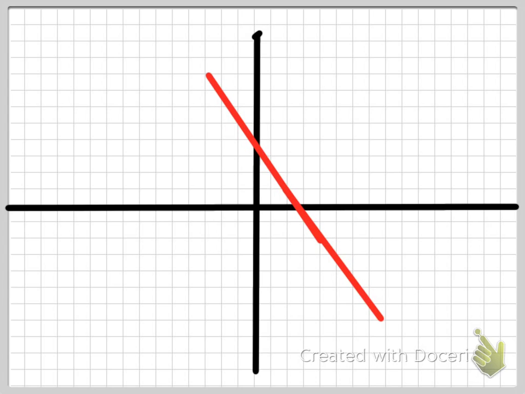And we definitely have a point here and here. Now remember, we start left to right. So we're going to start at point 1 and go to point 2. And we always do our rise over run, because slope equals rise over run.